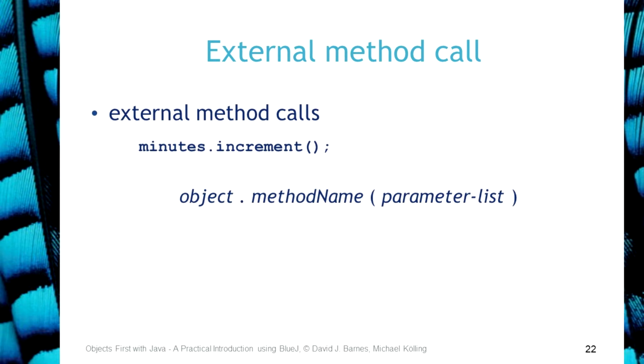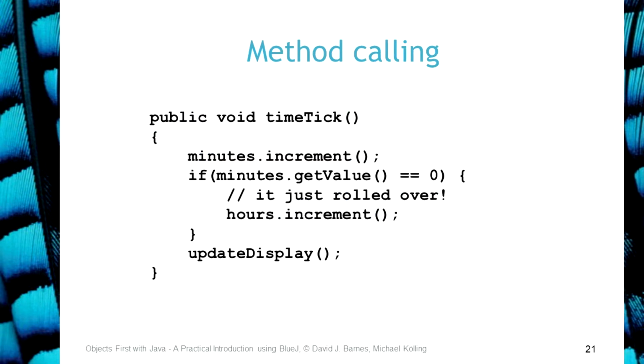We use the name minutes rather than NumberDisplay. The difference between internal and external method calls is clear. The presence of an object name followed by a dot tells us that the method being called is part of another object. So in the timeTick method, the ClockDisplay object is asking the NumberDisplay objects to carry out part of the overall task.